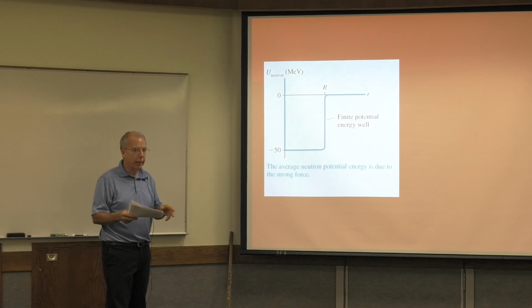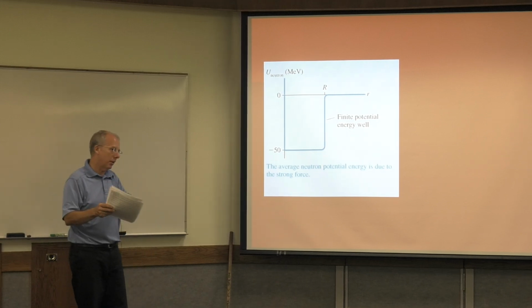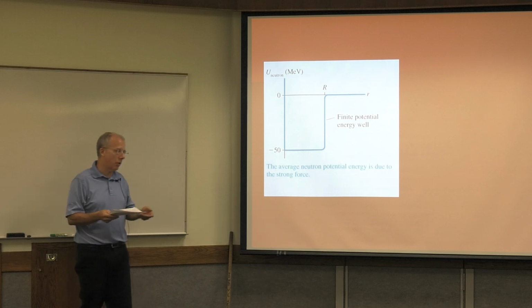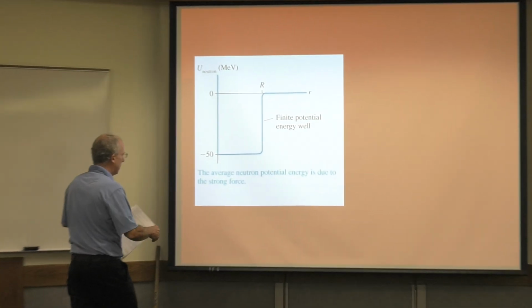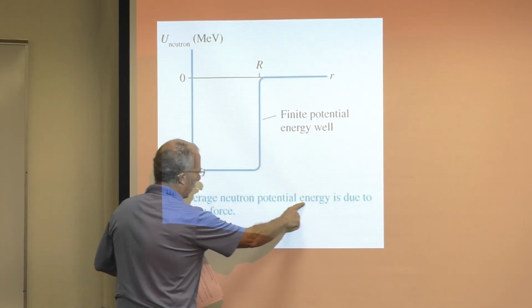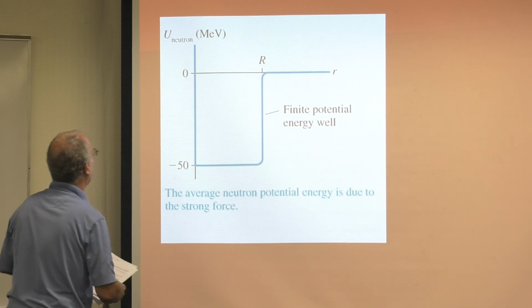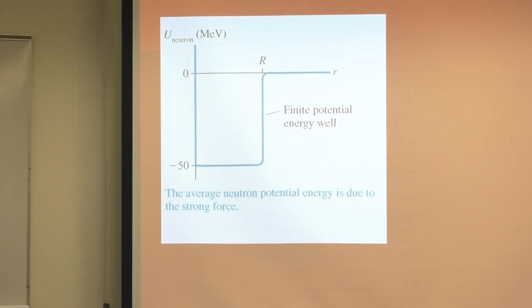So the average neutron potential energy is due to the strong force.